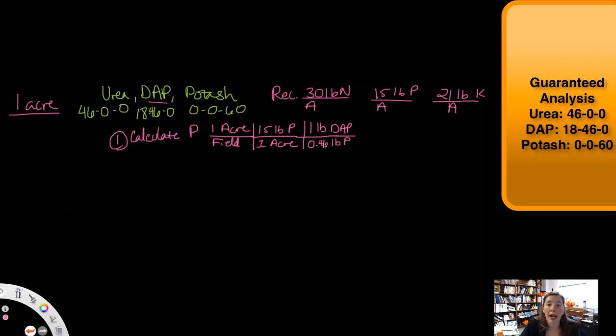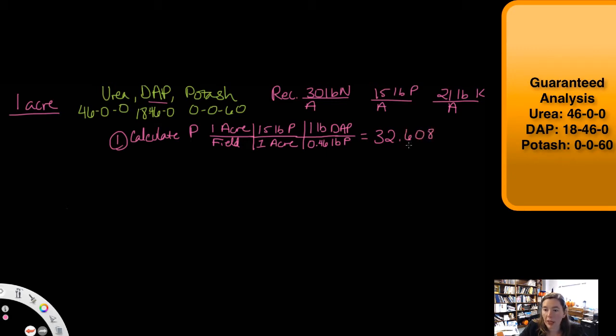So this is going to give us our DAP. The question just asks how many pounds, so we'll get to stop here. And that will give us 15 divided by 0.46. So our answer is 32.608.